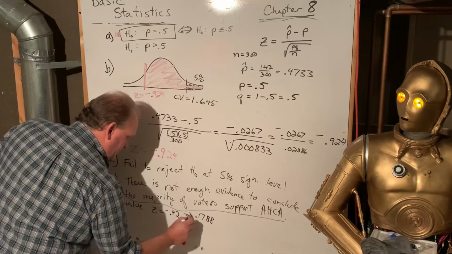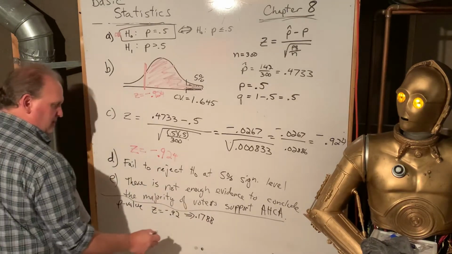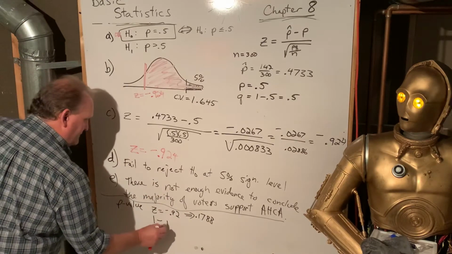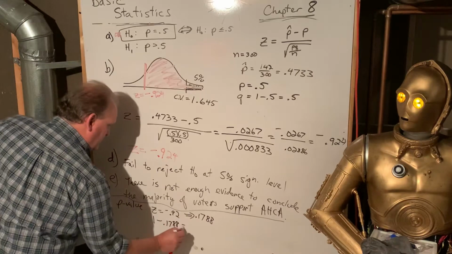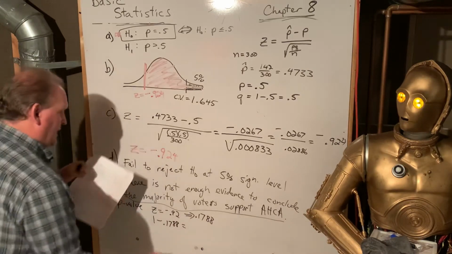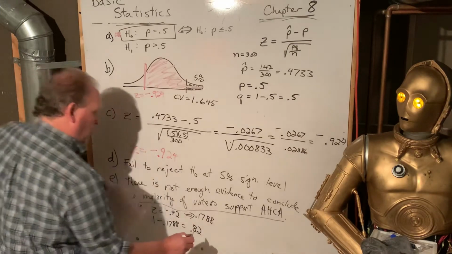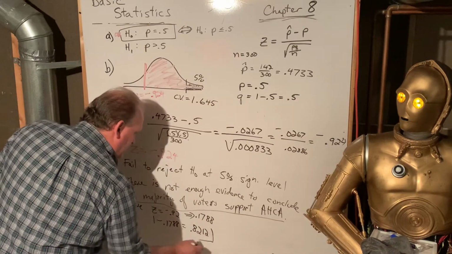That's what we get from looking up on our z chart, but we want 1 minus that. And so our p-value is 0.8212.